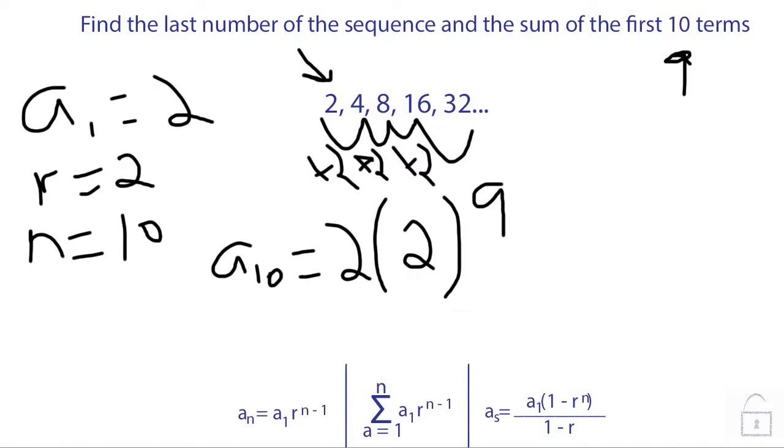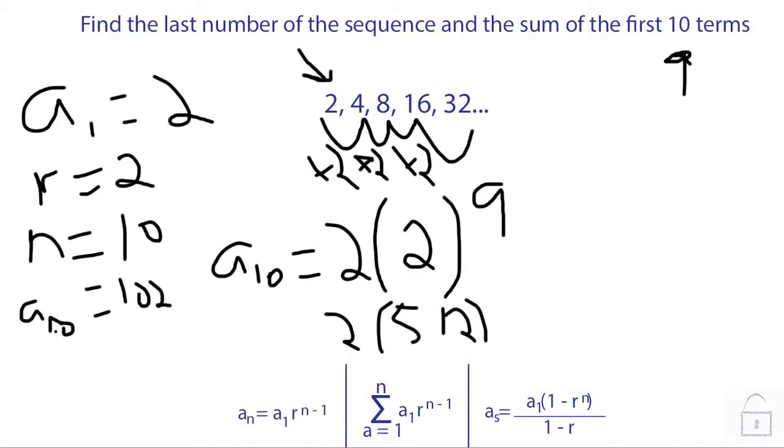Now solving this, you get 2 to the 9th, which is equal to 512. That is multiplied by 2, and that is equal to 1024. So we know that a10 is equal to 1024.